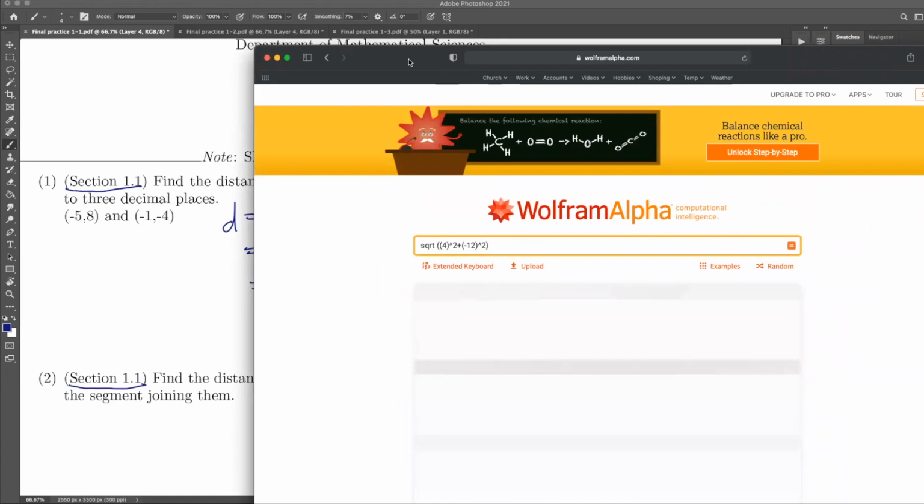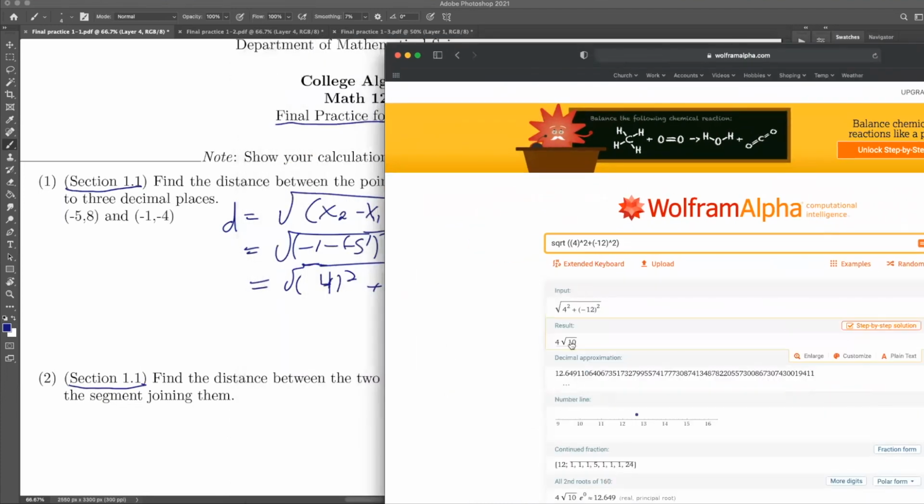All right, so we type this in and we get our two answers. We either get 4 times the square root of 10, because this is 16 plus 144, which gives you 160, and you can pull out the 16, which gives you 4 times 10. But what we really wanted was the approximate answer, 12.649.